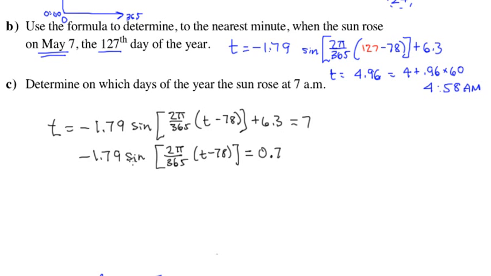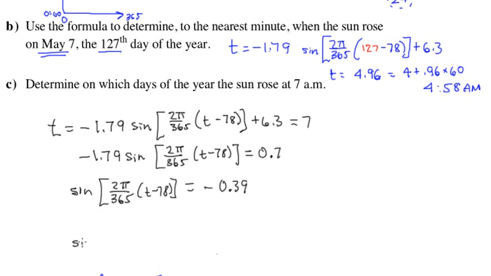Then we divide by minus 1.79, and we get sine of all this stuff equals 0.7 divided by negative 1.79, which is negative 0.39. And now we're going to do the trig part where we draw axes.